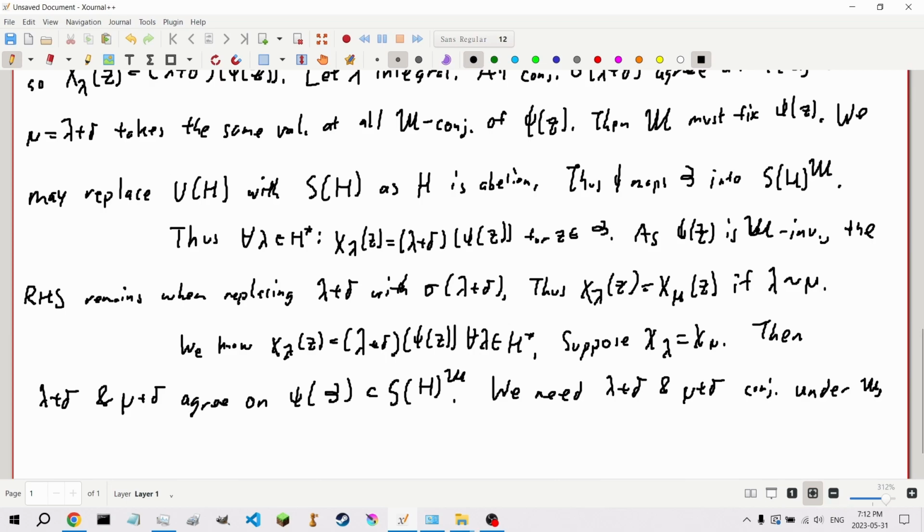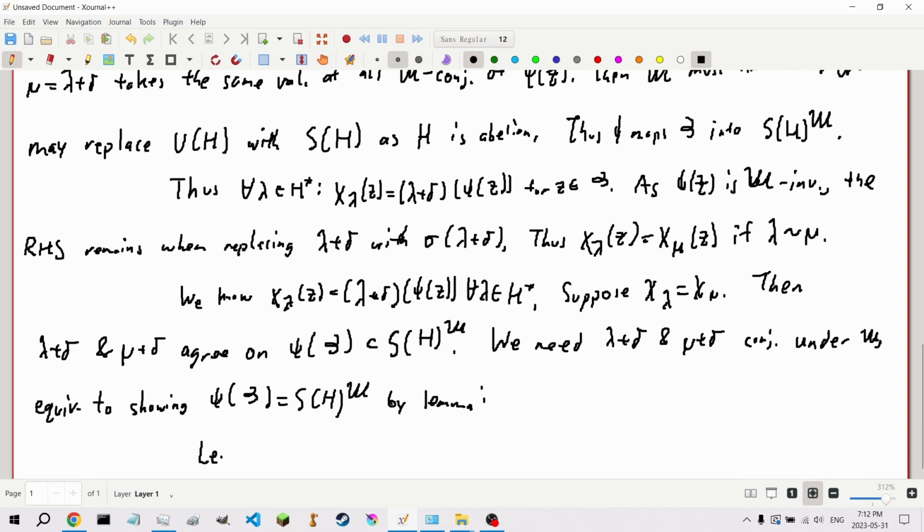Which is equivalent to showing that chi of the set is actually equal to the elements of the symmetric algebra invariant under the action of the Weyl group, by a lemma.